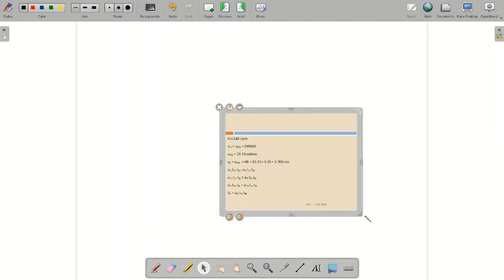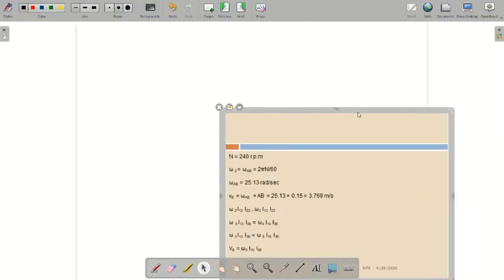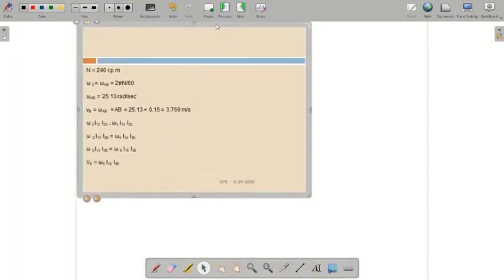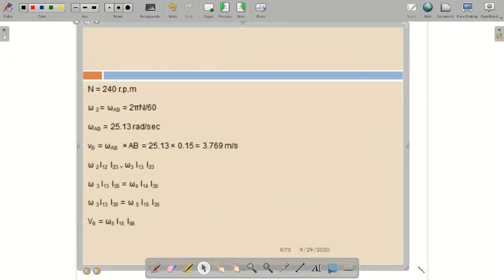Let me magnify it so that you can see it clearly. So hold on a second. I'm going to complete it.